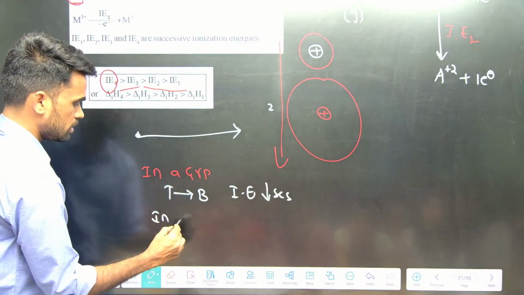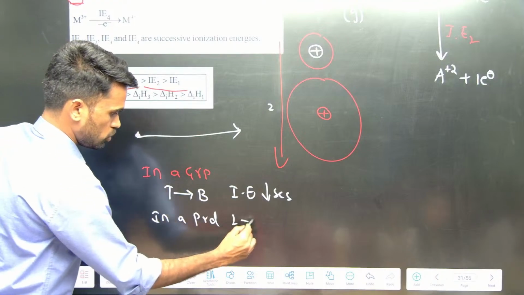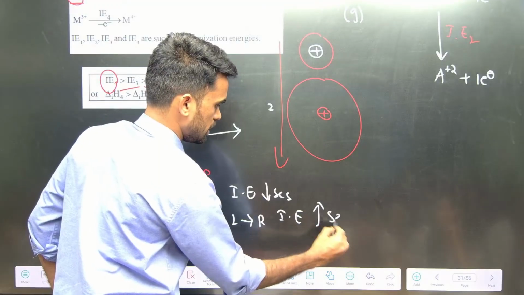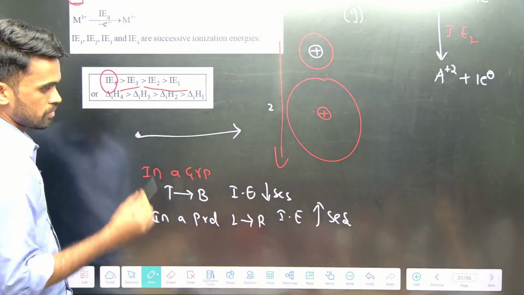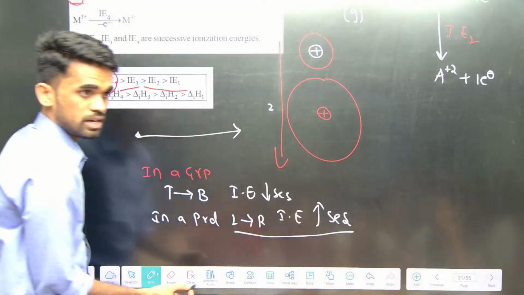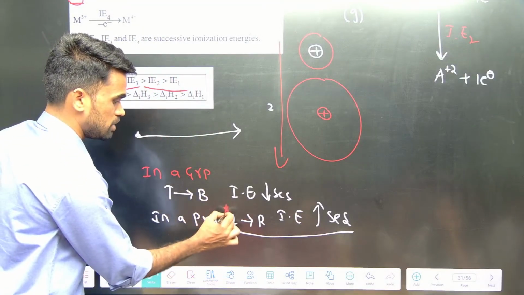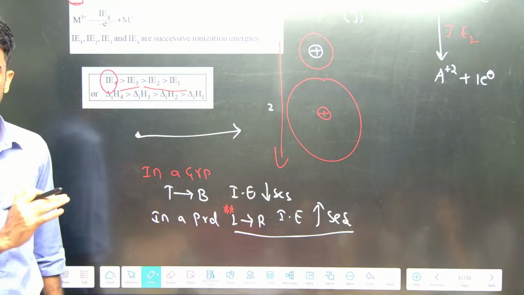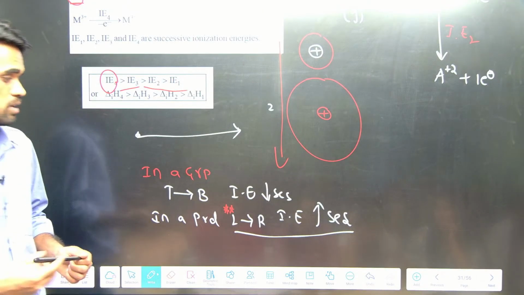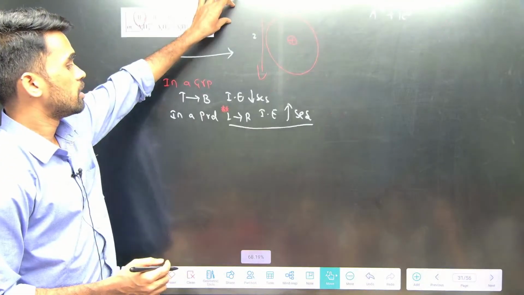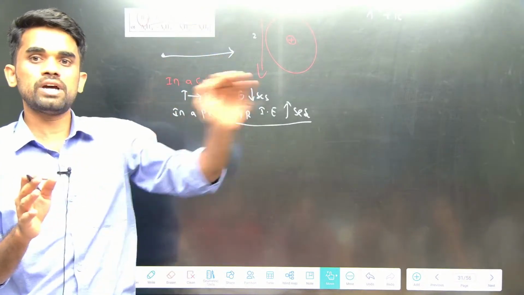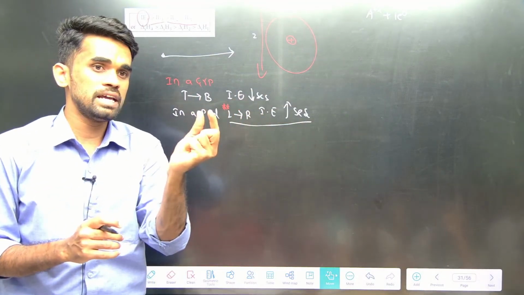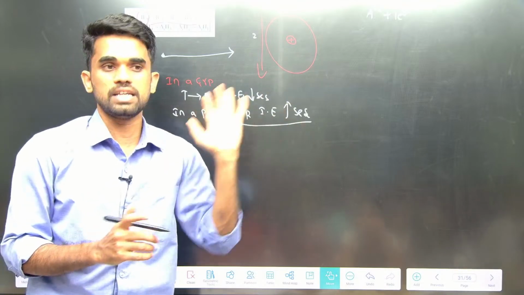In a period, left to right ionization energy increases. So for this ionization energy increase, I am saying now, you put one star mark for this. It means there are some exceptional things to be studied here. Not exceptional, that is a conceptual point to be understood. It means what we need to know is the generalized statement is left to right ionization energy is increasing, we are saying.